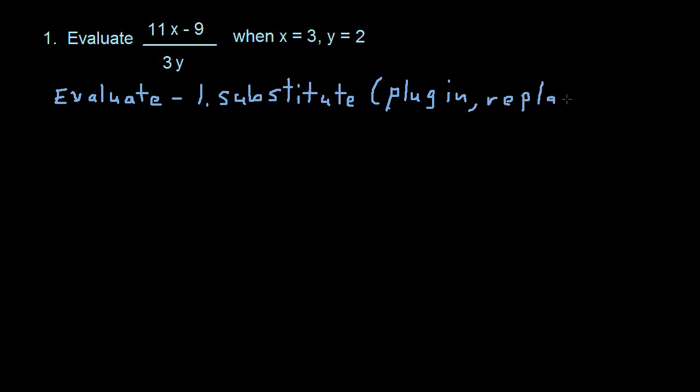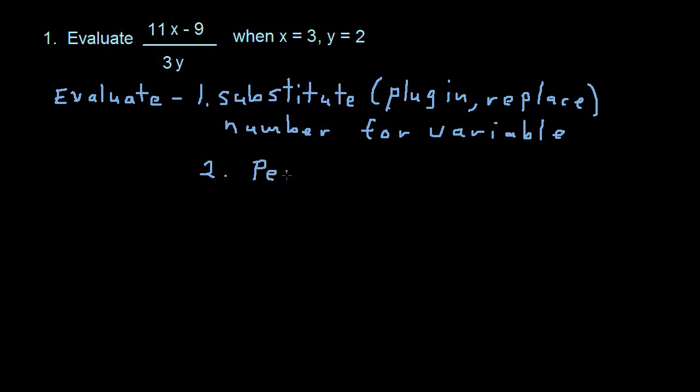Also replace is another word that means substitute. And what are we substituting? We're going to substitute a number for a variable. So that's the first step in an evaluation. And in our case, we actually have two variables. And the second step is then to perform the operations, and it's important that we perform them in order. There's an order to performing operations.